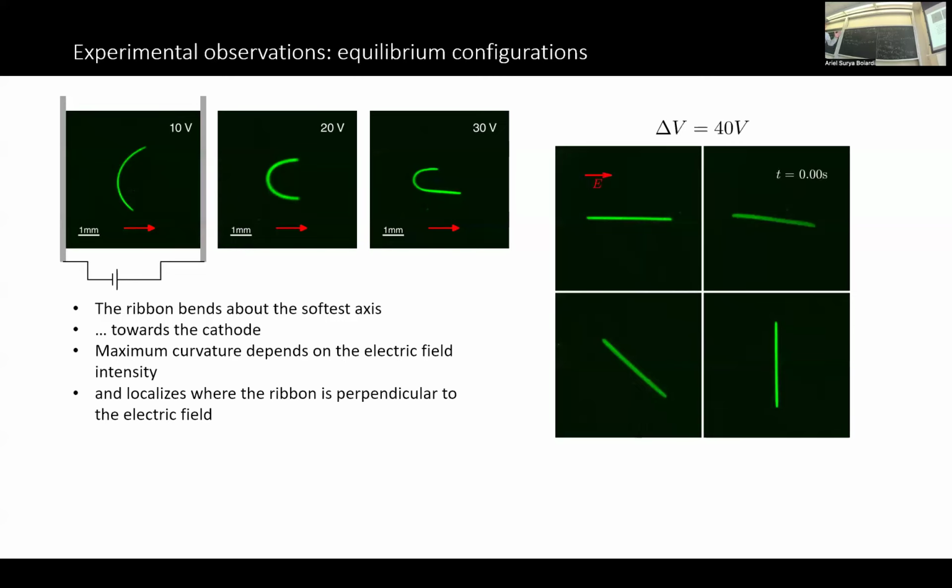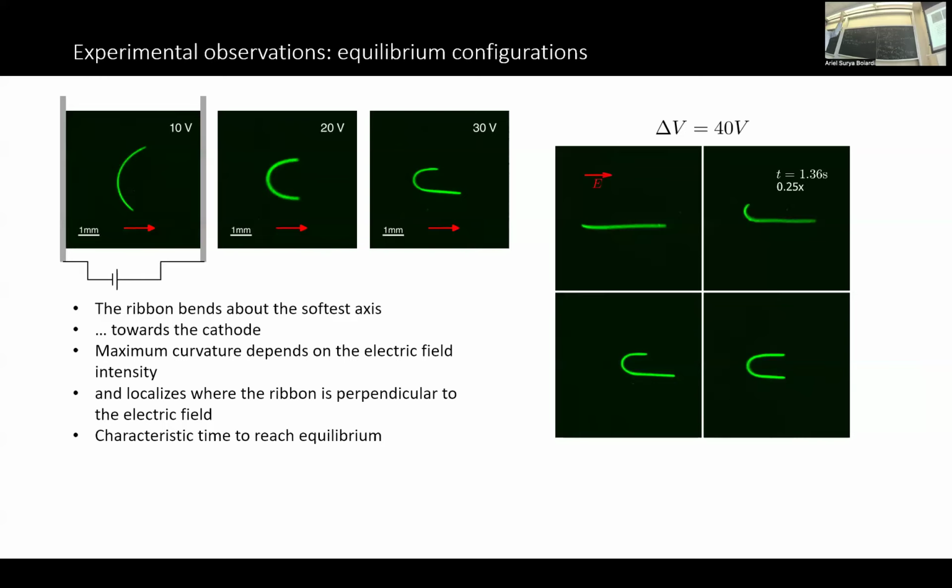Now let's see how these equilibrium configurations are reached in time, and how they depend on the initial configuration. So we have a filament that is aligned with the field, and then some are a bit more rotated. We see that by increasing the field again, the curvature increases, and most importantly, that they all reach their respective equilibrium configuration in the same time.